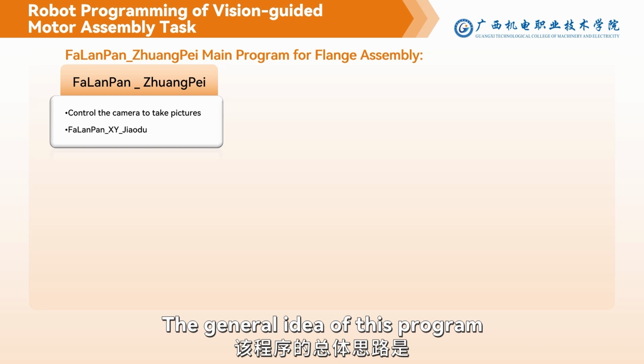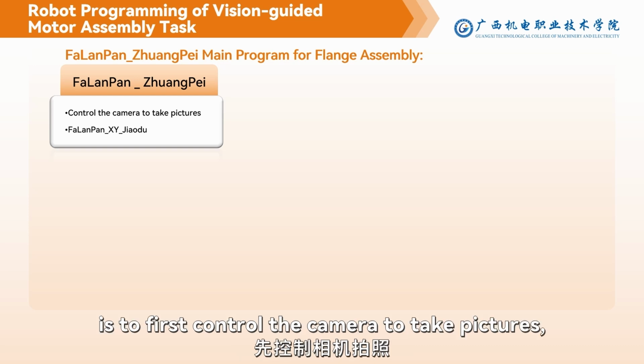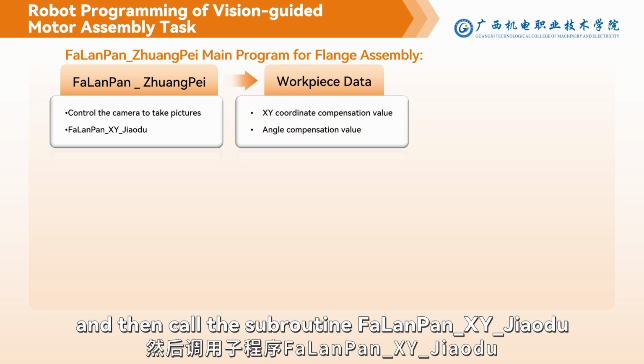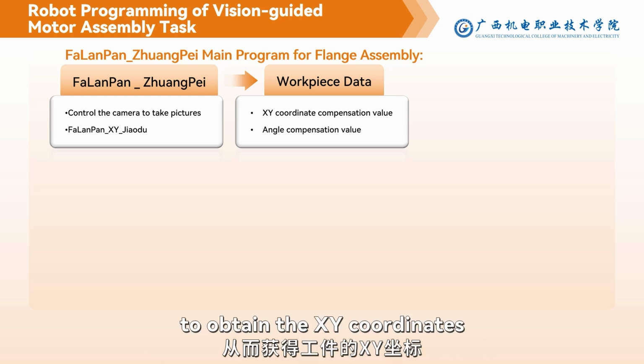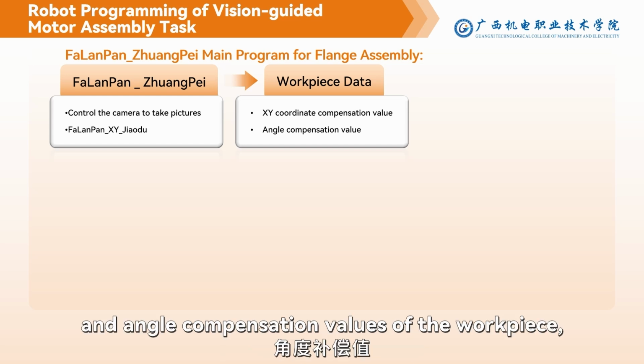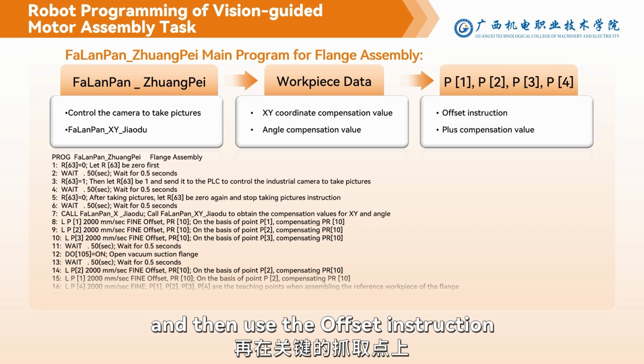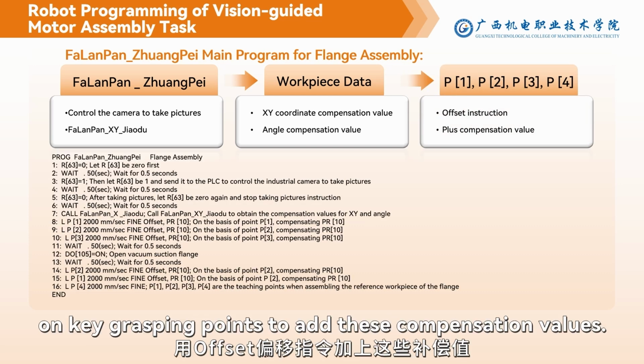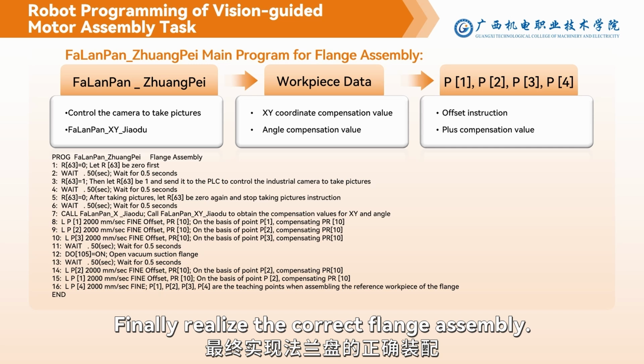The general idea of this program is to first control the camera to take pictures, and then call the subroutine 法兰盘 XY 角度 to obtain the XY coordinates and angle compensation values of the workpiece, and then use the offset instruction on key grasping points to add these compensation values. Finally, realize the correct flange assembly.